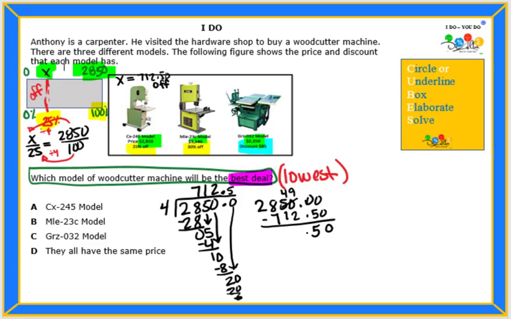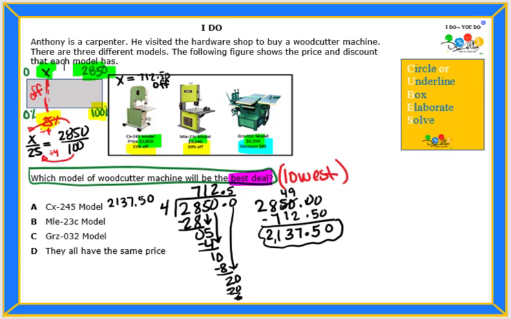So that's 50 cents. 9 minus 2 is 7. 4 minus 1 is 3. 8 minus 7 is 1. And 2 minus nothing. So it looks like this first model is $2,137.50. So I'm going to write it right here.